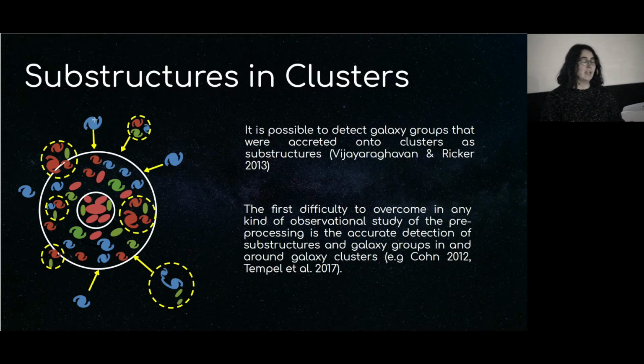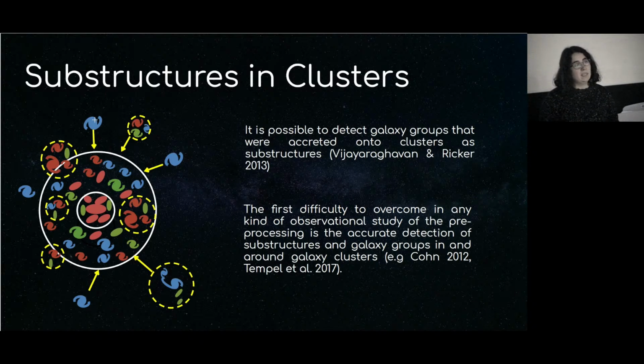In the case of S-PLUS, it offers us a good opportunity to increase the statistics using a photometric sample in order to identify substructure or other structures, for example, increase the statistics in clusters or the statistics of galaxies that we can observe in the field.